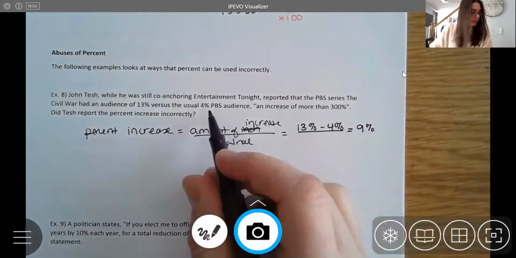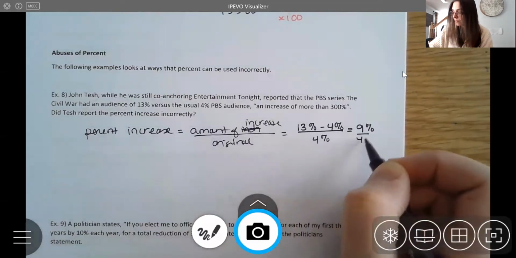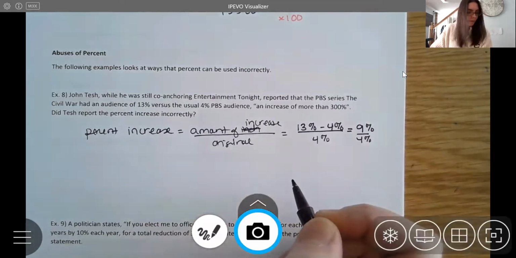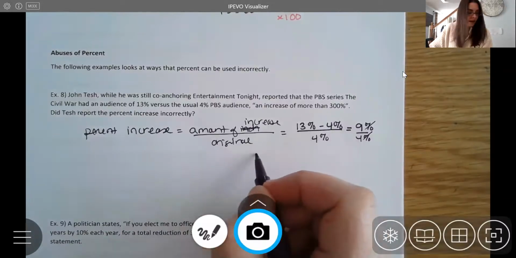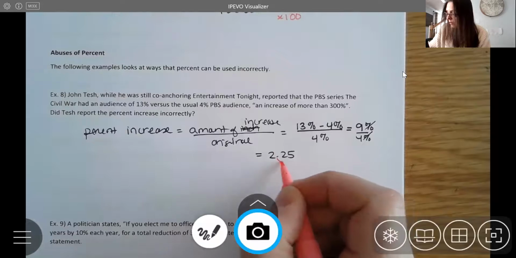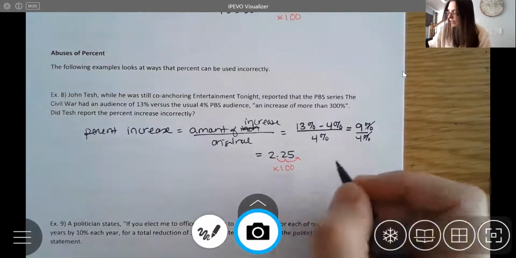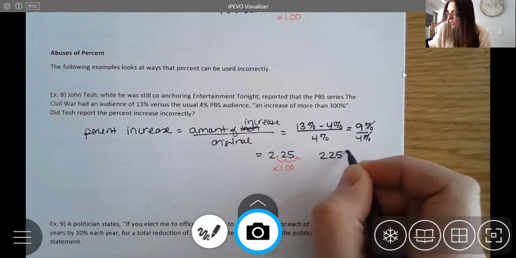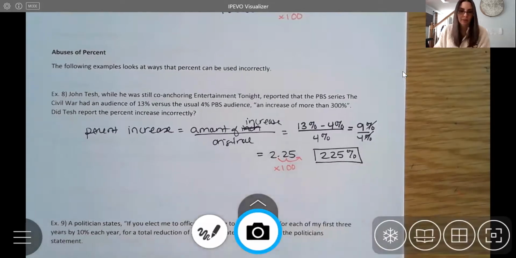And then here, our original value is 4%, right? Because it's usually 4%. So what happens is this 9 over 4, when I divide that, I get 2.25. And then I'm going to go ahead and move my decimal 2 spots to the right to multiply by 100. And I see that the percent increase is actually 225%, not 300%.